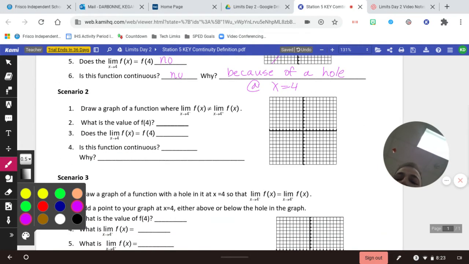Okay. Scenario 2. Draw a graph of a function where the limit from the left side is not equal to the limit from the right side. Well, that should be pretty easy. All we have to do is show some function where the left side limit and the right side limit aren't the same. So we want some kind of jump discontinuity, some kind of piecewise function going on. So let's go over to 1, 2, 3, 4.